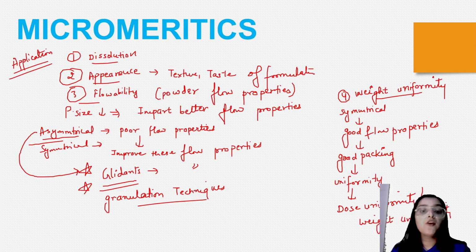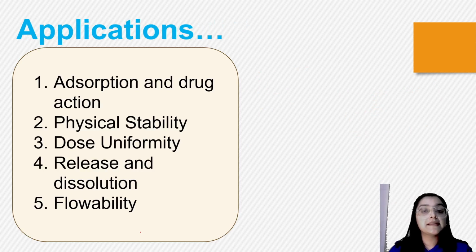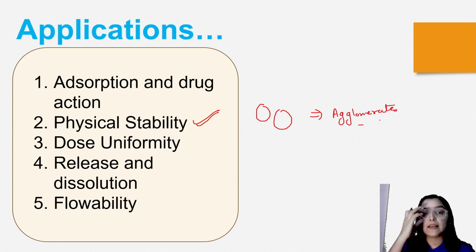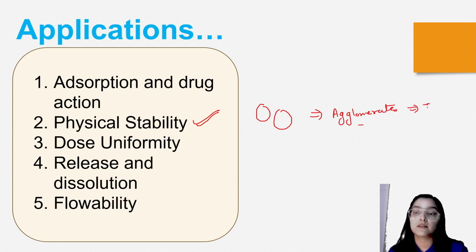Okay. From the exam point of view, the glidant point is an important topic, as well as the overview of these techniques. Here I summarize the applications including the adsorption, the drug action, and physical stability. I have already mentioned that if the particle size is larger, there can be formation of agglomerates, right? The particles will agglomerate and precipitate, which will cause instability, in case of larger particles.